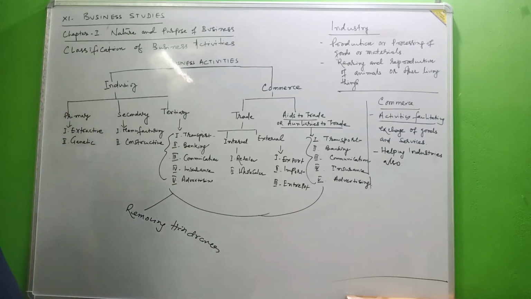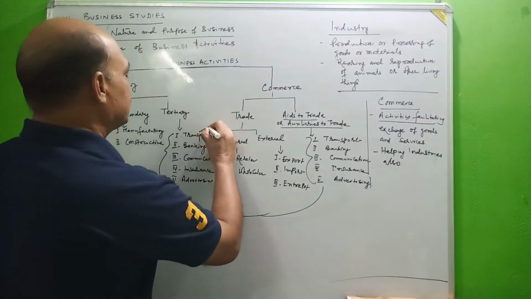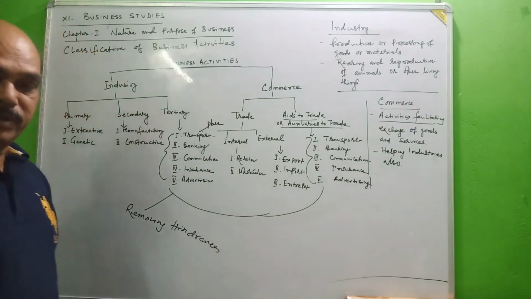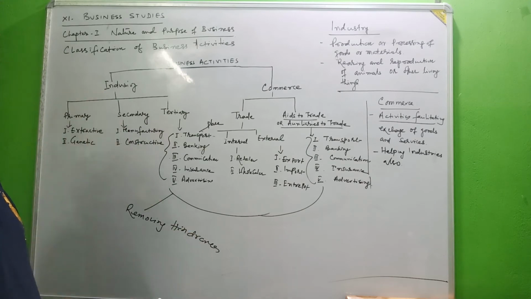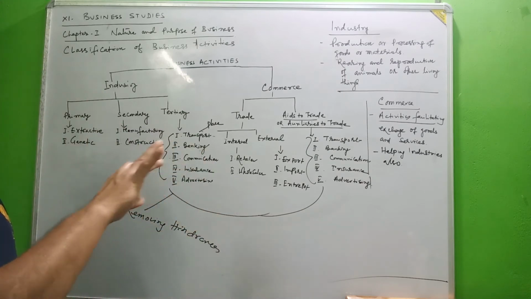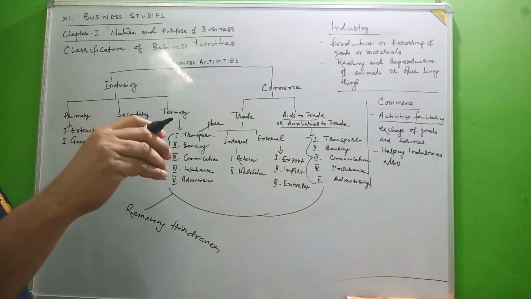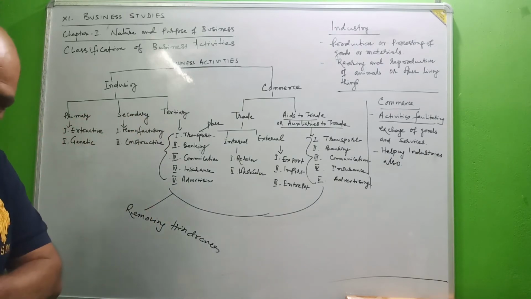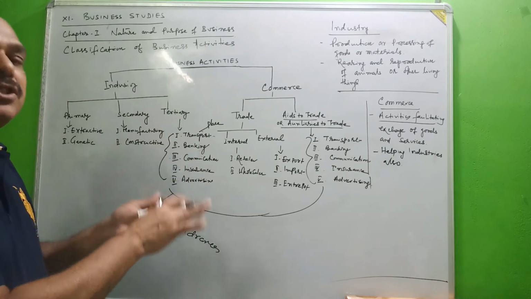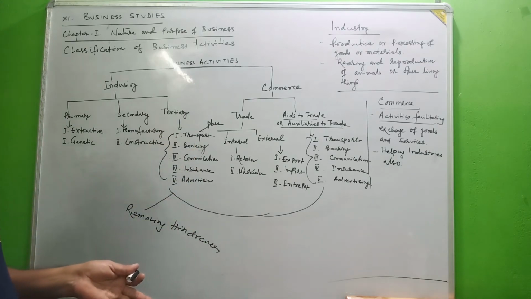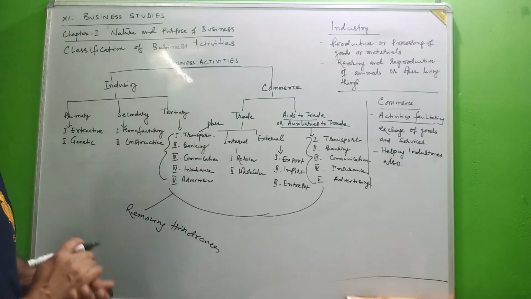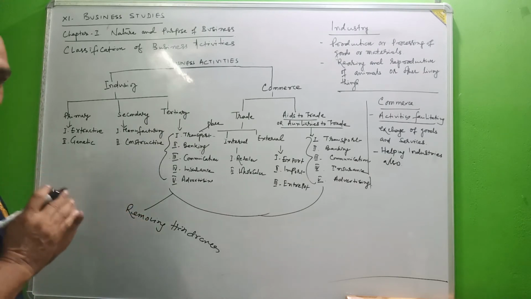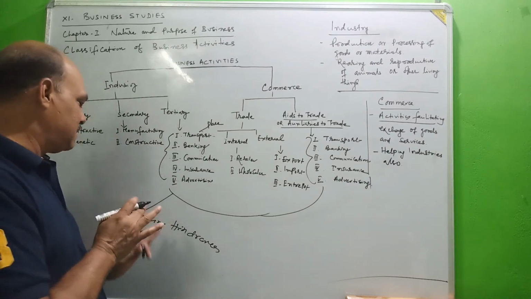That means transport is removing the hindrance of place, because one particular product cannot be produced throughout the world or the entire country. It is produced at one place and may be consumed at different places. That is why transport is required to bring that product to places of consumption.